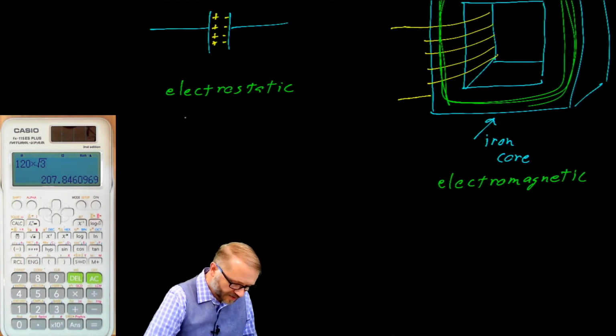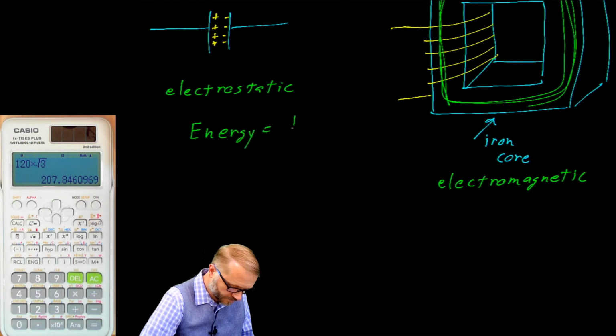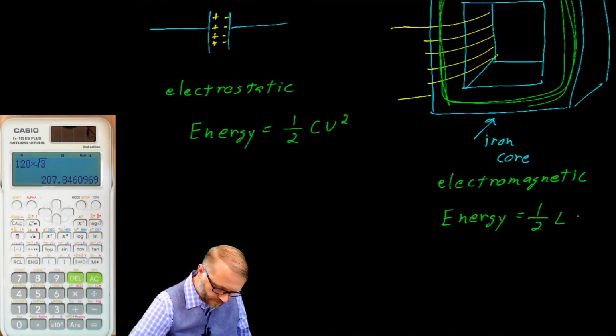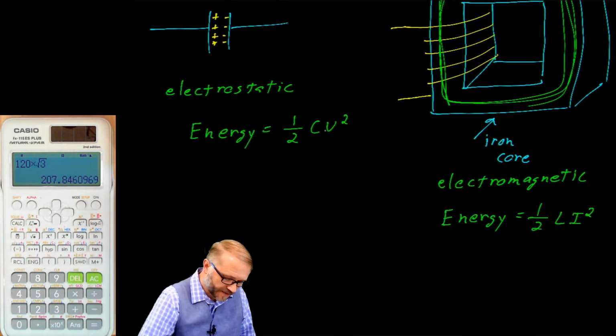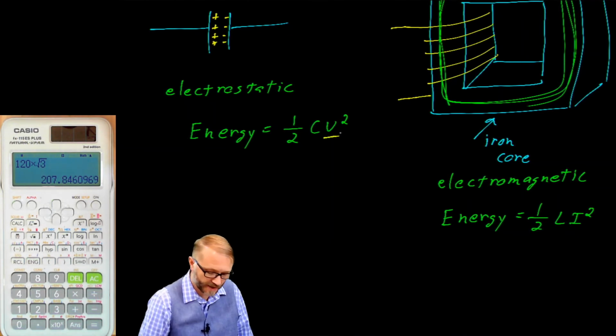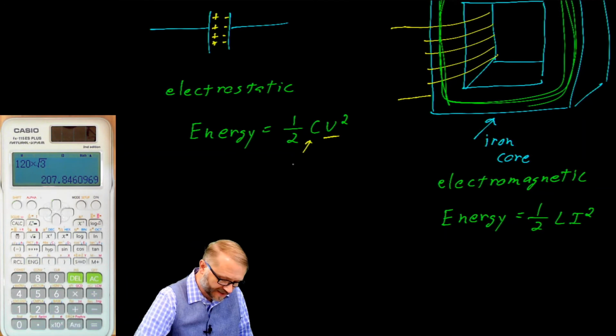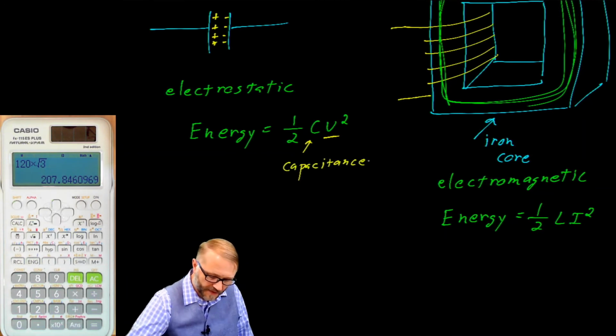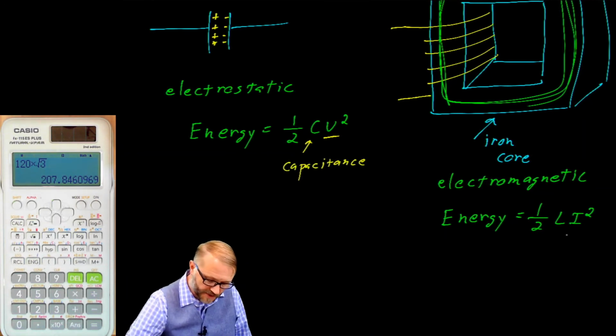We can put some metrics to this. In the capacitor, the energy is a function of the voltage squared multiplied by the capacitance. In the inductor, the energy is a function of the current squared by the inductance.